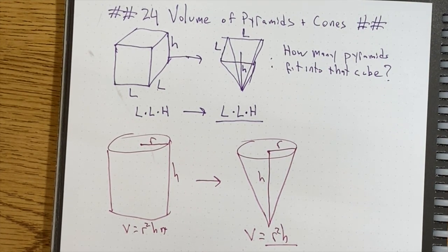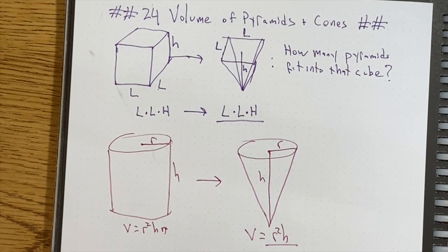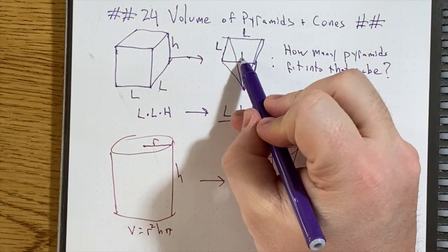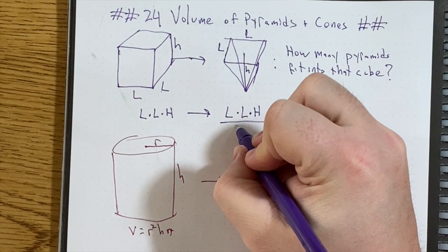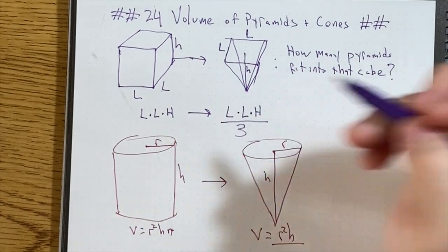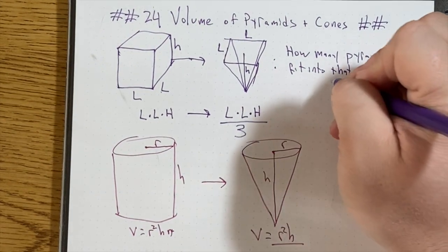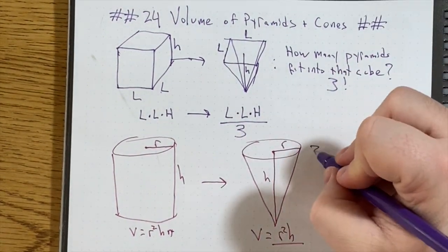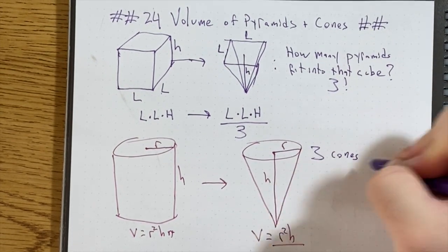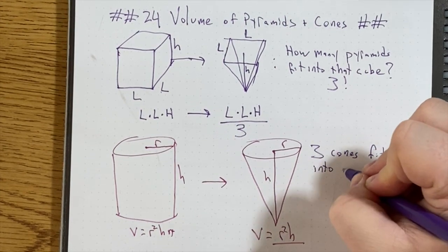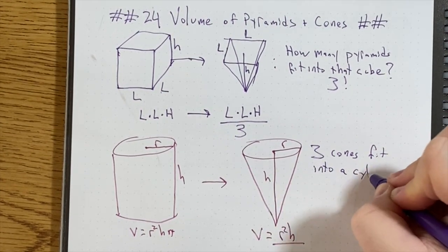But the important thing to know is, if you saw the video, you know that 3 of these fit into here. So a pyramid is exactly 1/3 of this. Same thing here: 3 cones fit into a cylinder.